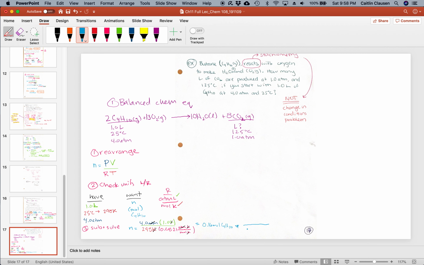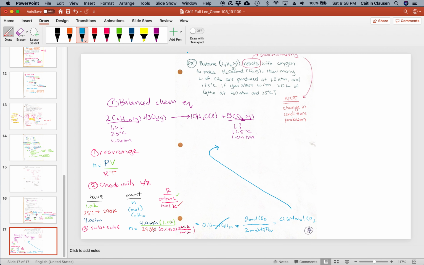For every 2 moles of C4H10, I get out 8 moles of CO2. If I do that, that gives me 0.64 moles of CO2.